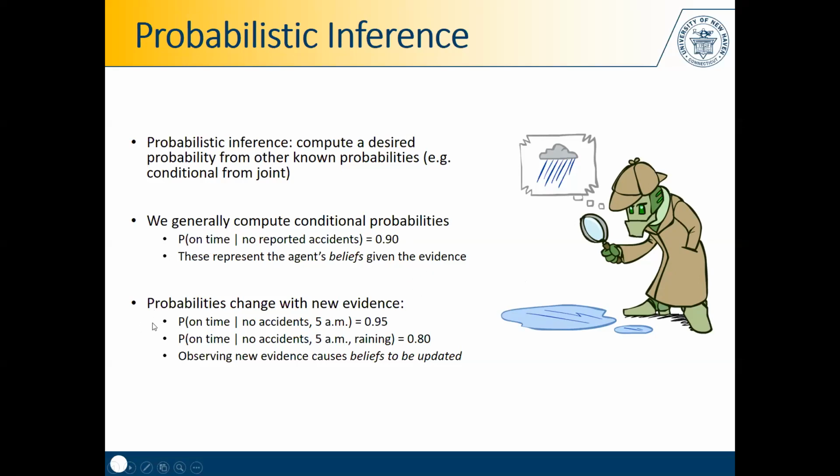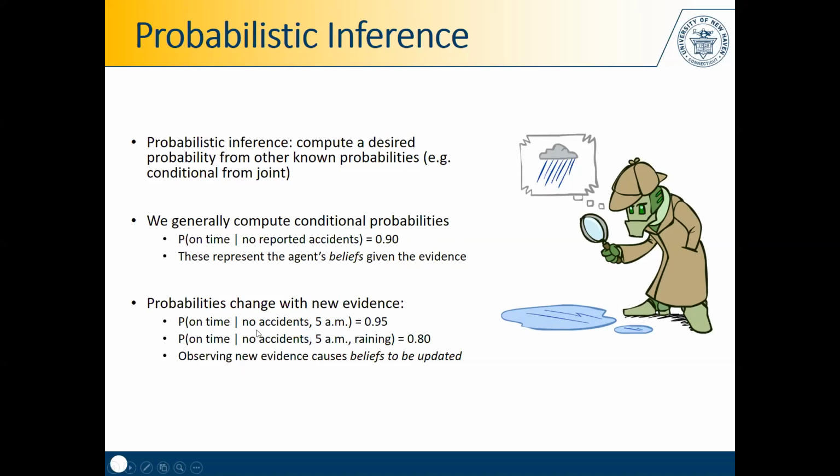It's also important to note that probabilities change with new evidence. So in this example of getting to work on time or not, we first get this piece of evidence, no reported accidents, and we assign this conditional probability of getting to work on time, 90%.